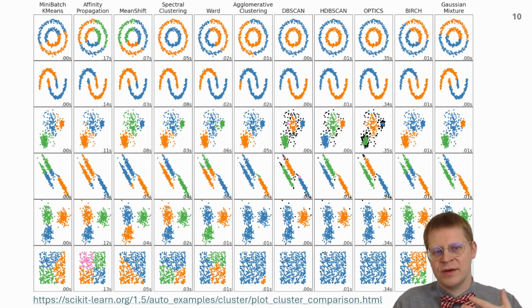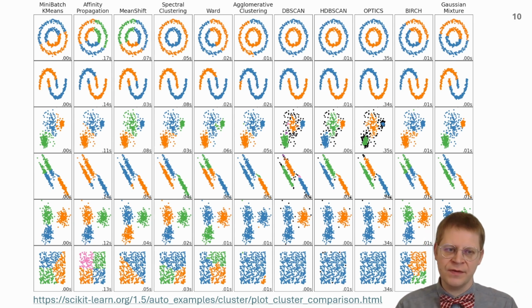And here we have a visual comparison of various clustering algorithms applied to different datasets. Each row represents a different dataset with unique shapes or characteristics, and each column shows how a particular algorithm performs on that dataset. And again, algorithm choice matters. The performance of each algorithm depends heavily on the shape and density of the data.